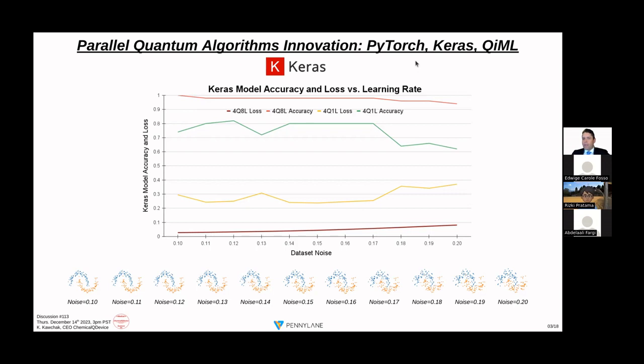Technically, it's a torch.nn or Keras neural network. And you see it doesn't affect it much. In fact, you see this steady incline, which is likely a good sign, so increasing the data set noise, all the way up to this 0.2, is not affecting the accuracy and the loss as much as it could.